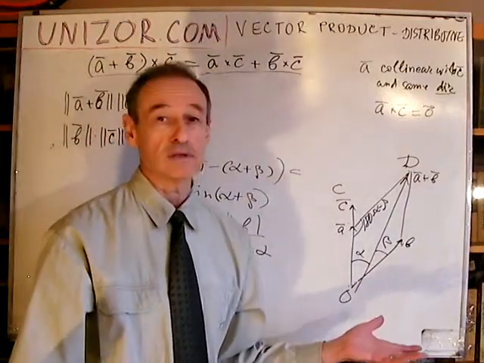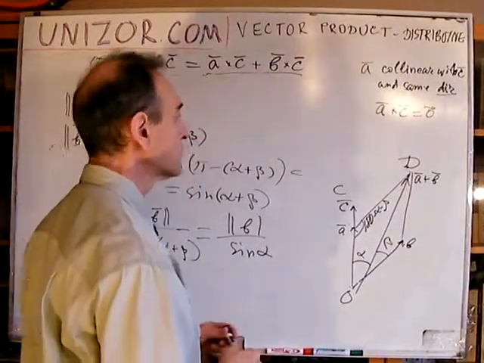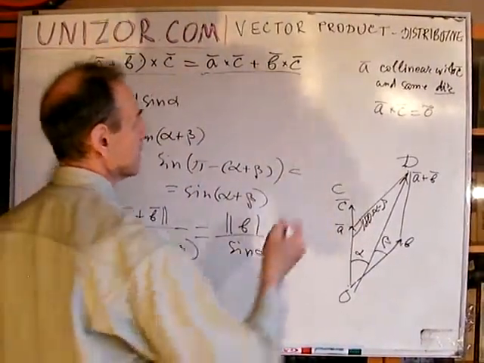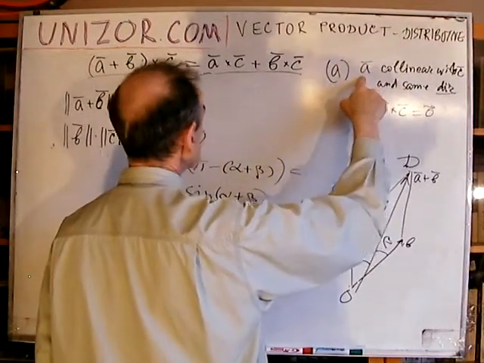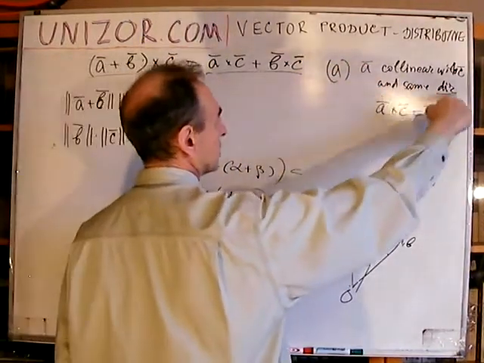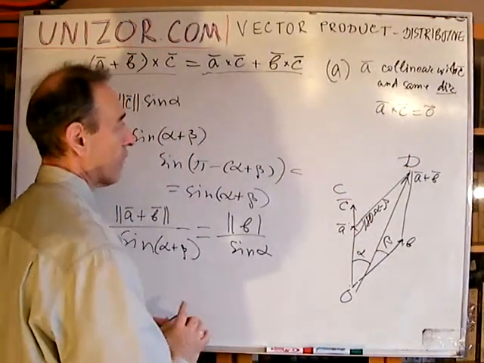So basically the vectors are the same. They have the same direction and the same length. So that proves that in this particular case, let's call it case A, when the vector A is collinear and has the same direction as C, we have actually proven our theorem.